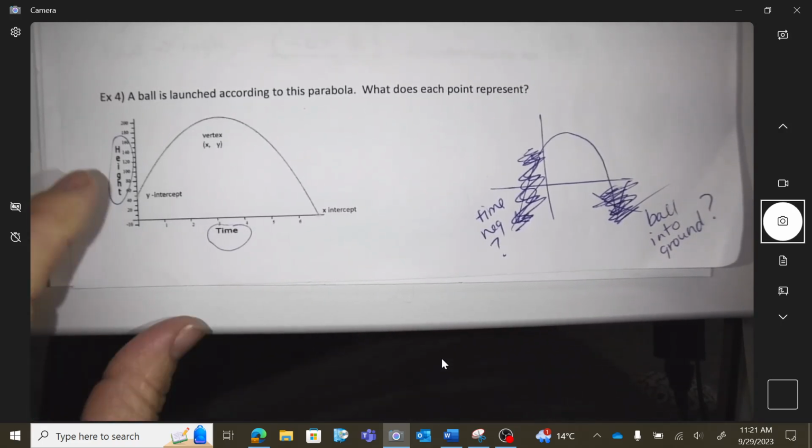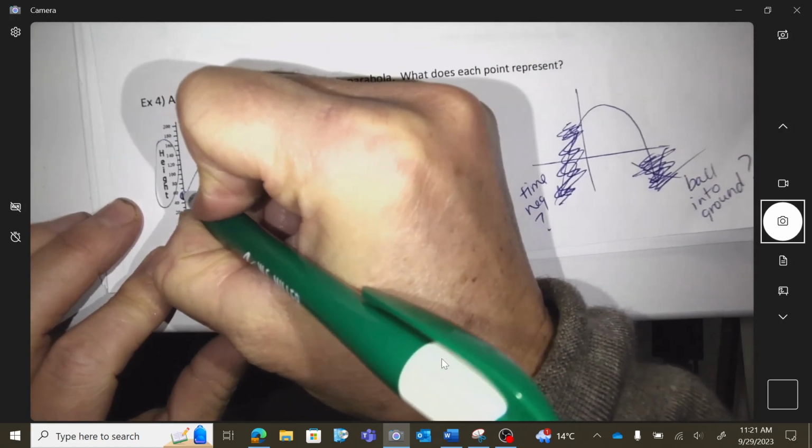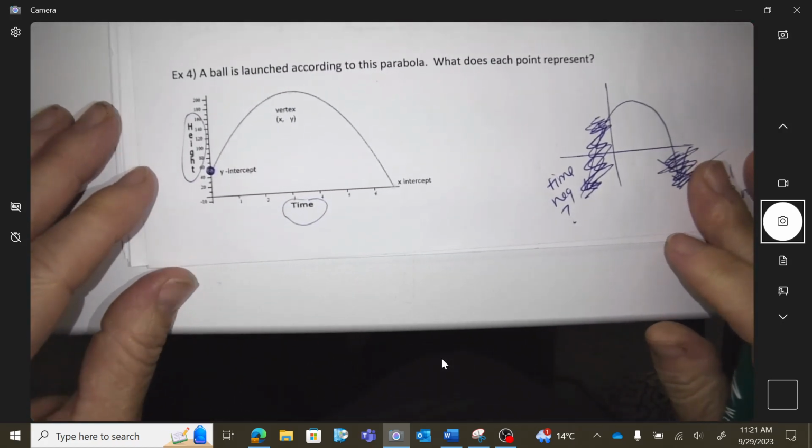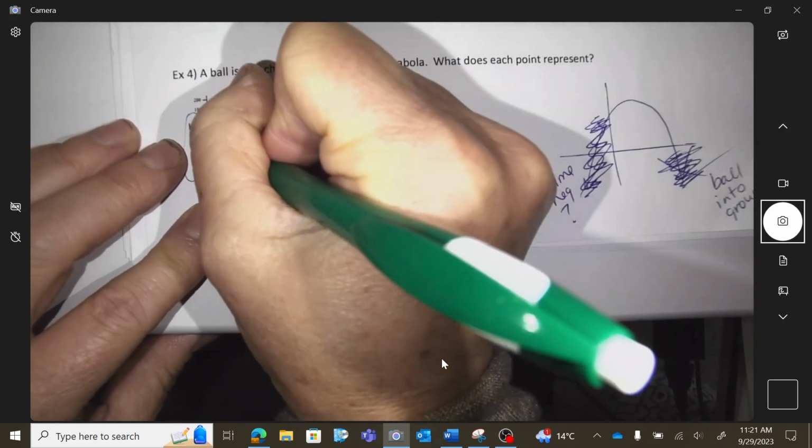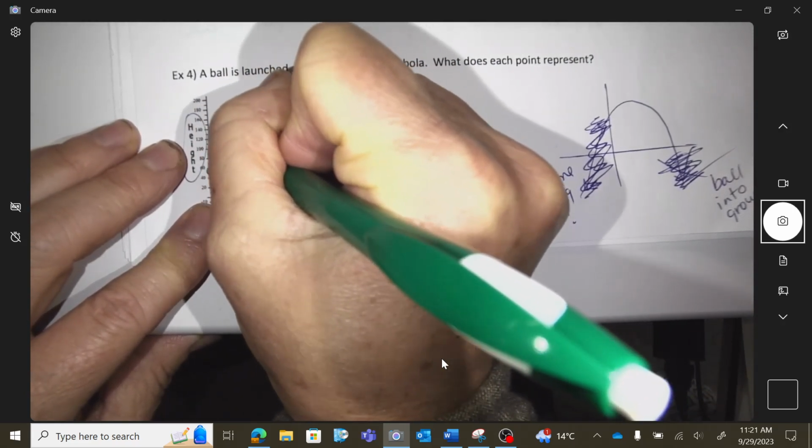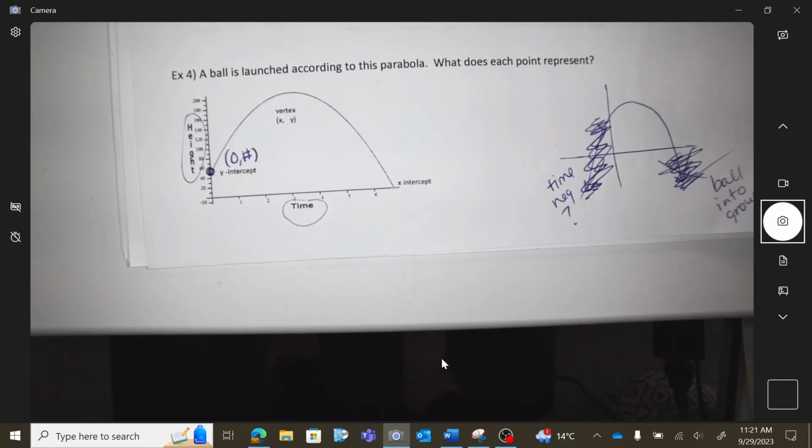Okay, so a y-intercept. A y-intercept looks like this, 0, comma, a number, right? That's how it would look. What does the y-intercept mean in this situation? I launched a ball and it did this. So what is the y-intercept representing given the context? Can you picture me standing here, I throw a ball, and it does that.